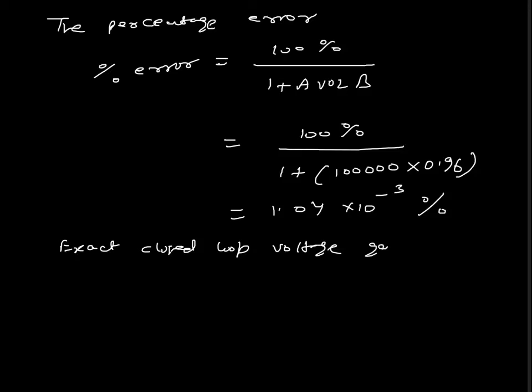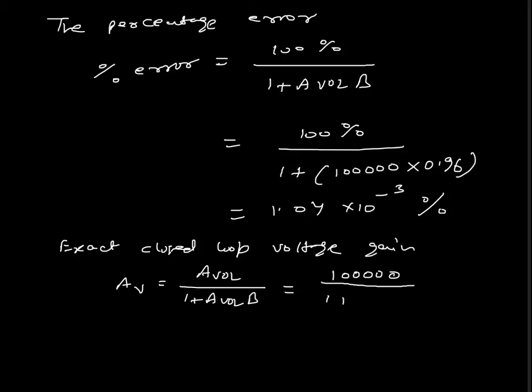AV will be AVOL by 1 plus AVOL B. Okay, so AVOL is given, B is 0.96.